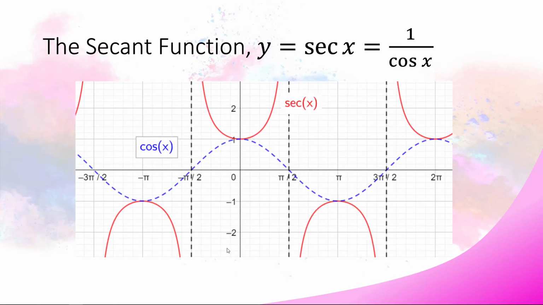Here is a comparison between secant and cosine. Once again, when cosine crosses the x-axis, secant becomes undefined, and of course when cosine is either equal to 1 or minus 1 at the multiples of pi, well then secant takes on the exact same values. As a matter of fact, we can use cosine as a tool for drawing the secant function.